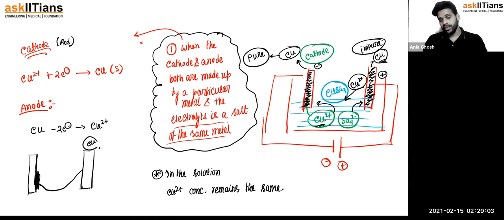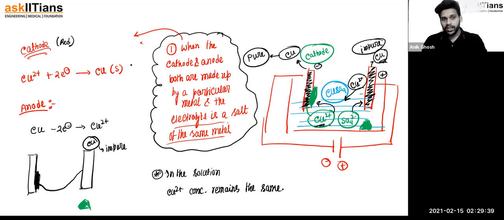If this electrode is made up of impure copper, then all the impurities in that electrode would get sedimented down in the solution here, and only the pure copper from the electrode would go and get deposited on the pure copper electrode.